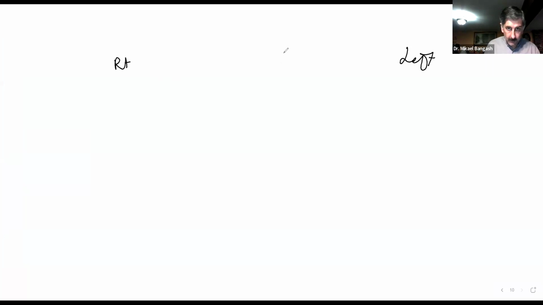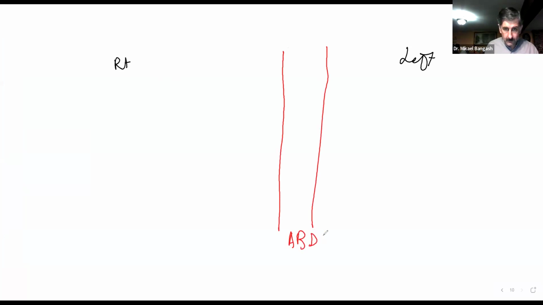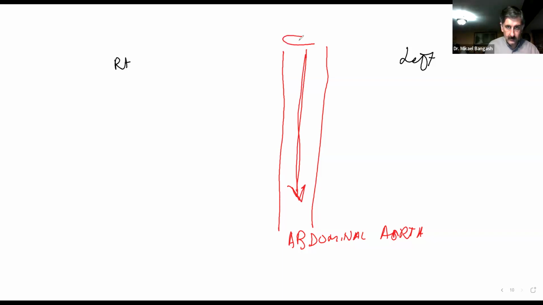And in the abdomen, on the left side, we have the abdominal aorta, in which the blood mainly runs this way, because up here is the heart.